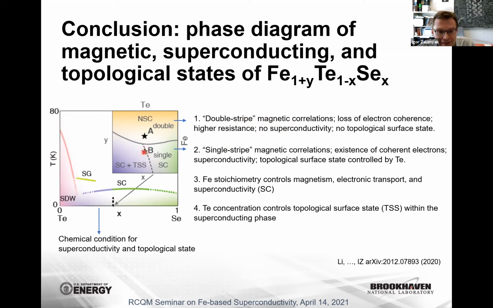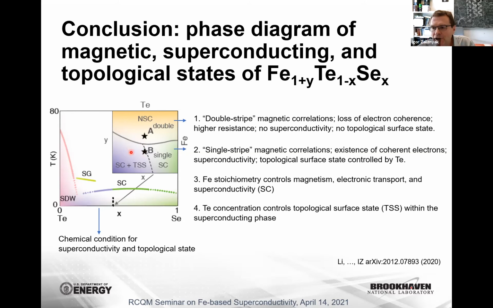And what we see is that it's right at the boundary of the phase transition line between a trivial and a topological state. Both samples are also close to the transition line between the non-superconducting and superconducting state.